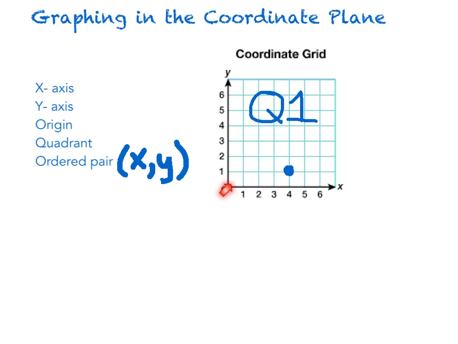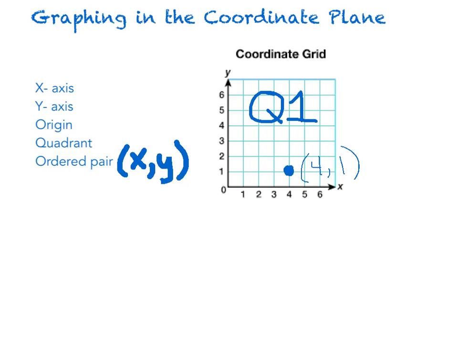That tells me I go across 4 spaces on the x-axis, 1 space on the y-axis. So in this particular case, this point would be labeled as 4, 1, because we went across 4 spaces and up 1 space. That's how you label an ordered pair.